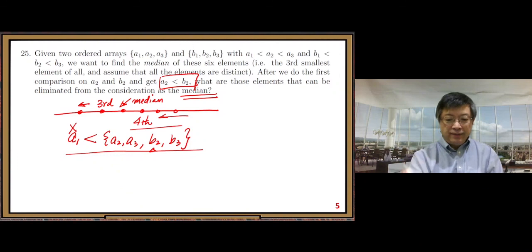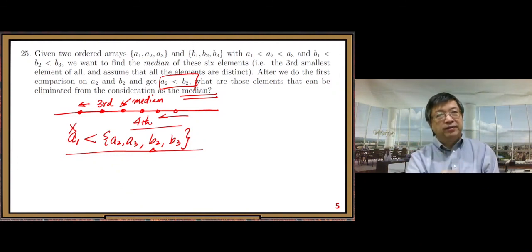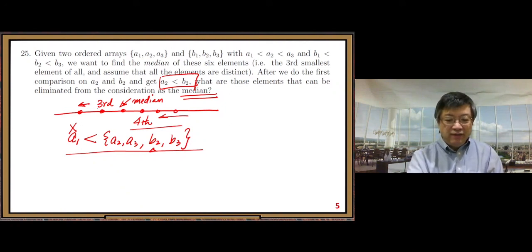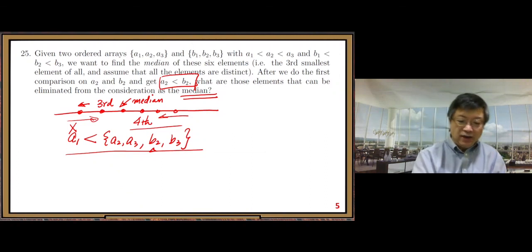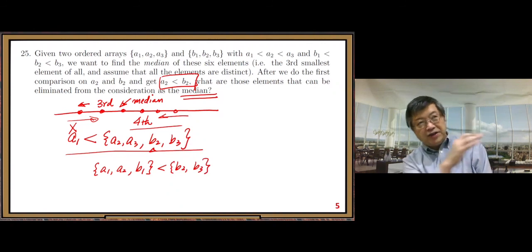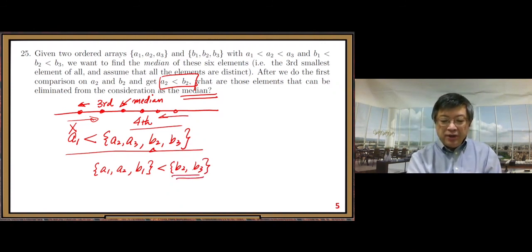Then B2, B3. For B2, you look from the left-hand side. A1 less than B2, right? A2 less than B2, right? B1 less than B2, right? And B2 is less than B3, so both B2 and B3 have at least three elements below them. From the left-hand side, they cannot be the third one.